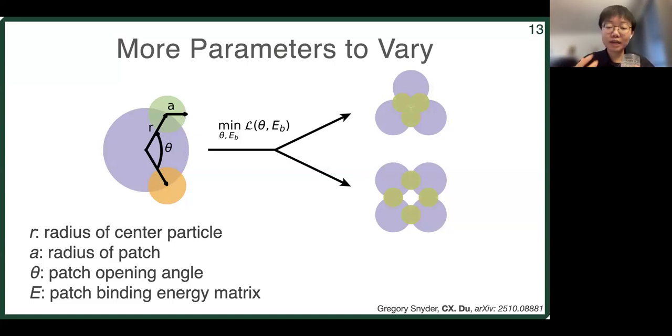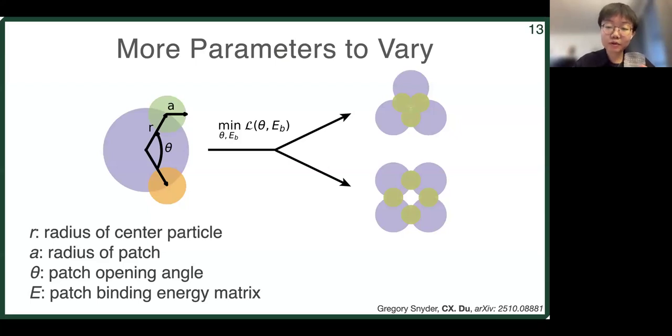So we moved on to a systematic examination of what happens when we change the size of the patches. If you make the radius of the particle bigger and the radius of the patch bigger, then you're basically having a similar particle. So the parameter we're going to look at is the ratio between A and R.